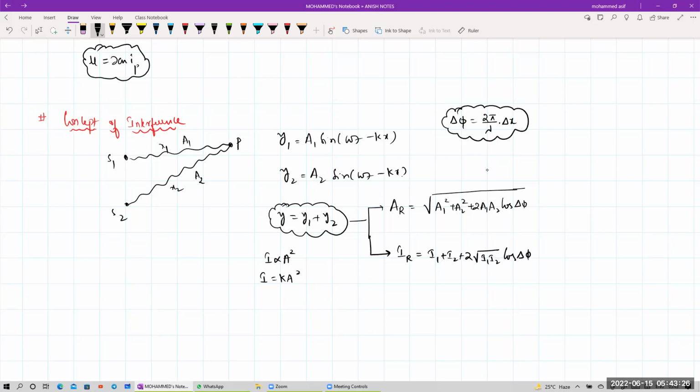Now you see that if the amplitudes are the same, if A1 and A2 are equal to A, then the resultant amplitude will become 2A into cos of delta phi by 2. In the same way, if the intensities are the same, if I1 is equal to I2 is equal to I naught, then the resultant intensity will become 4 times I naught into cos square delta phi by 2.